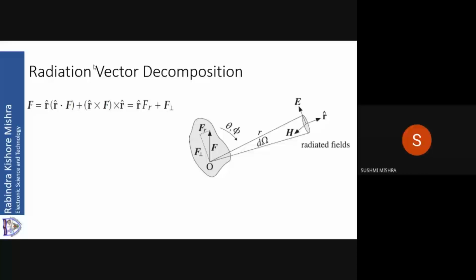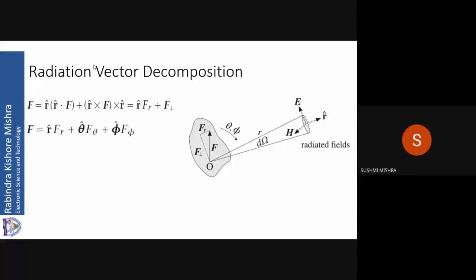Now you also know that there is a vector identity which represents any vector F: F is equal to r cap into r cap dot F plus r cap cross F cross r cap.